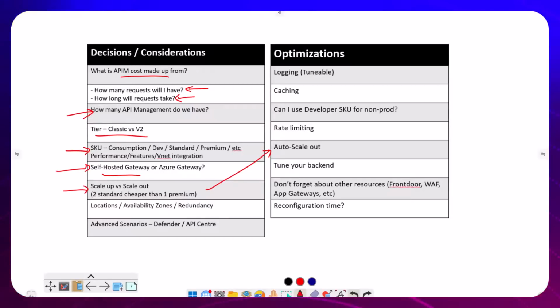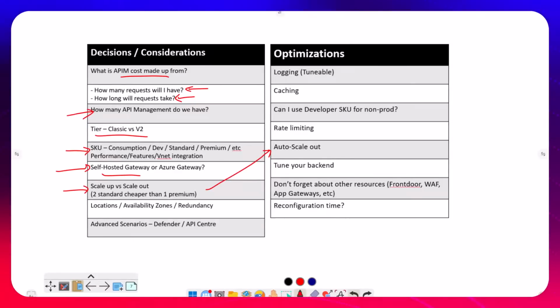We also have other advanced scenarios, like if you have Defender for APIs or API Center. While they might be separate to the core cost of API management, they'll be part of your API management solution overall. So don't forget that you're potentially going to have extra costs coming into play, and I think you need to think about how they would factor into your architecture and factor them into your cost planning.